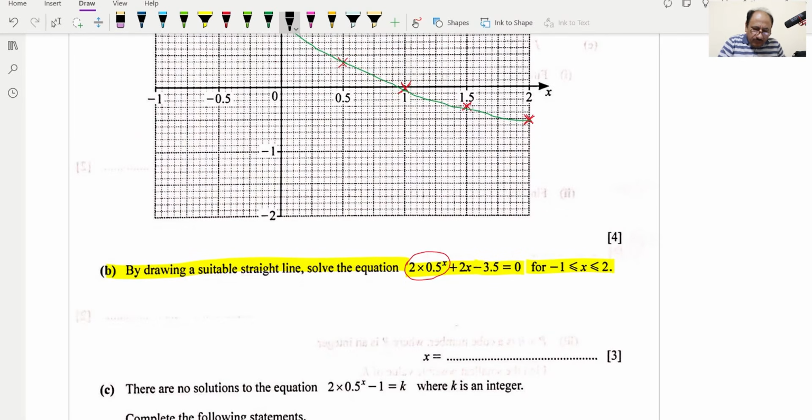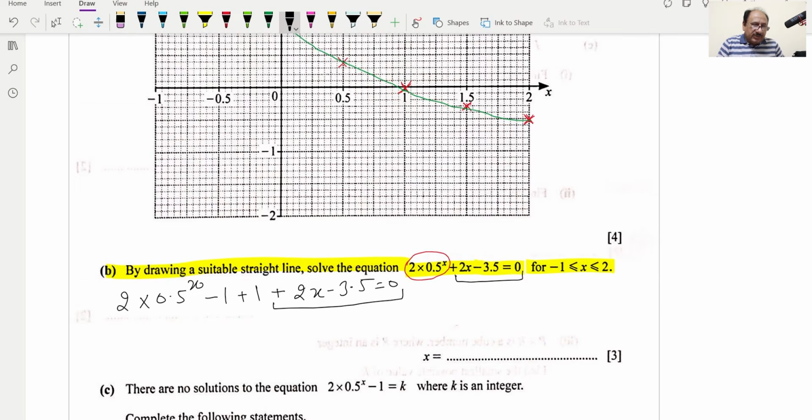So we rewrite it as 2 into 0.5 raised to the power x, and minus 1, which is not there, we can write minus 1 and plus 1 from our side so that we get the y value. Adding and subtracting will not affect the equation, so we write 2x minus 3.5 is equal to 0, which is the rest of the portion of the equation which I have copied over here.